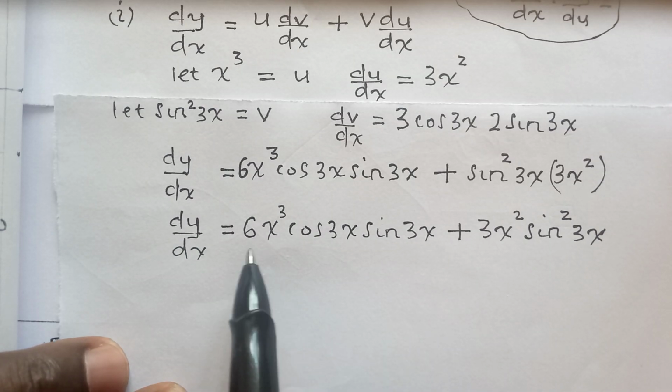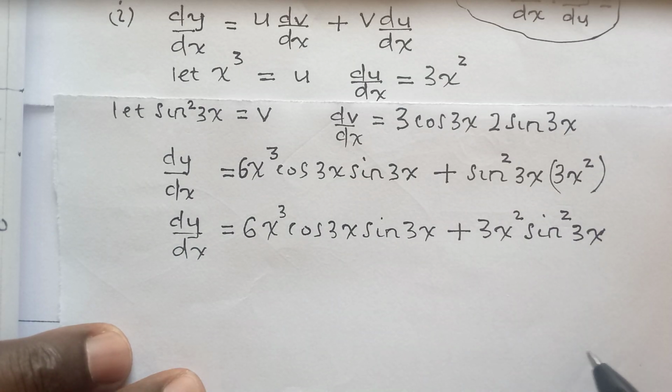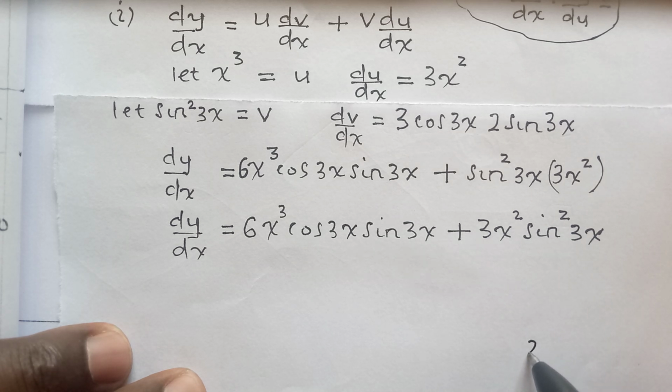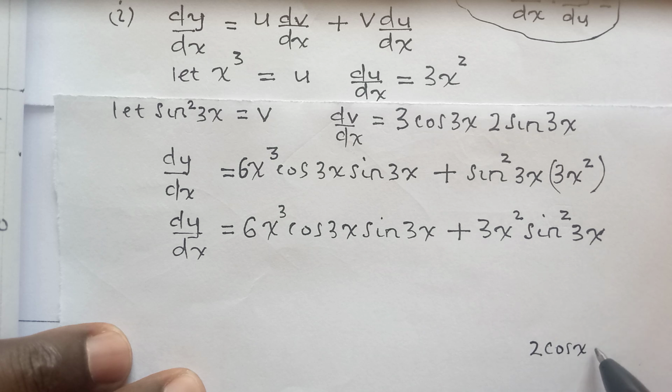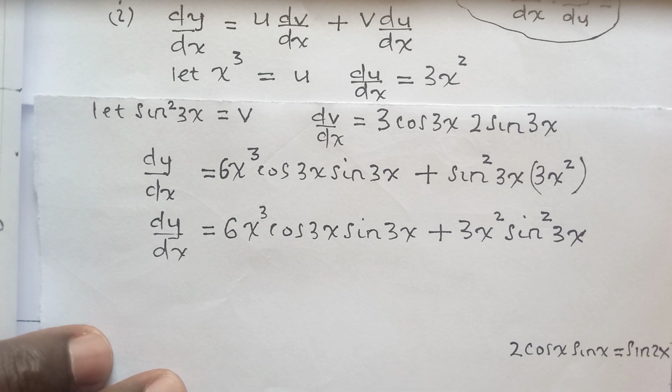We can simplify further because we know that 2 cos x sine x is equals to sine 2x from trigonometry.